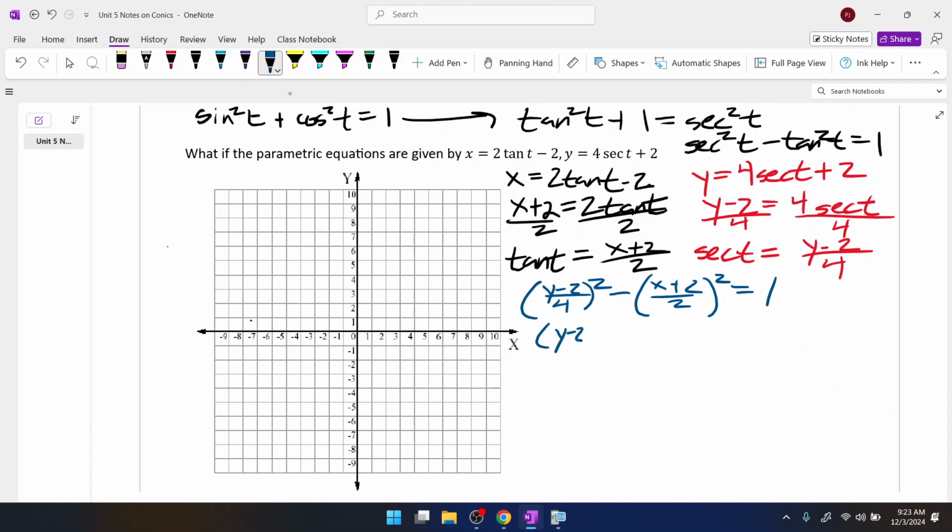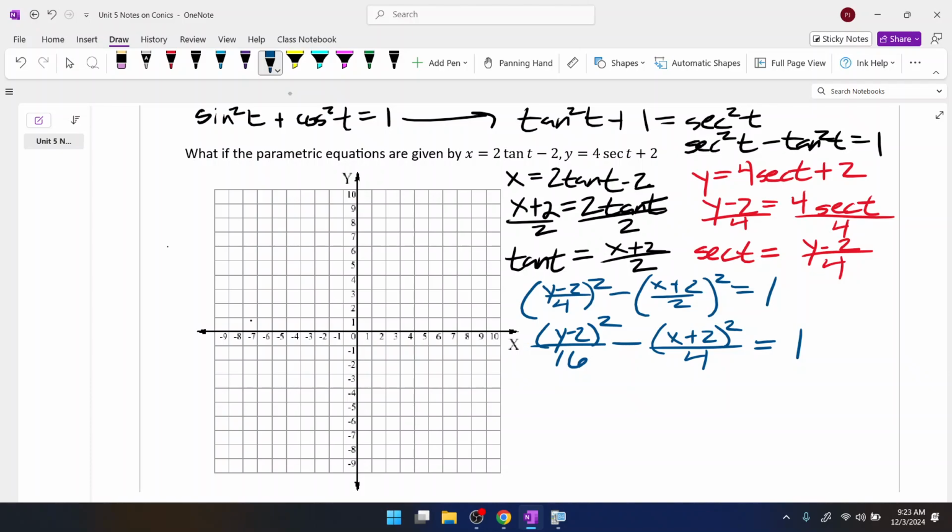Or literally y minus 2 quantity squared over 16 minus x plus 2 quantity squared over 4 equal to 1. Since the y is positive, it's going to be an up-down hyperbola.